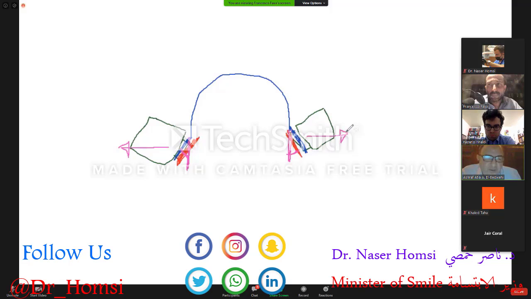Yes. Okay, thank you. Another question from Dr. Ezu. He asked, in the case where you intrude 11 and tipped it mesially, it was also positioned buccally. With your technique, how could you move it palatally too? Thank you for your question. The colleague is extremely skilled because he focused on a point not that easy to see.